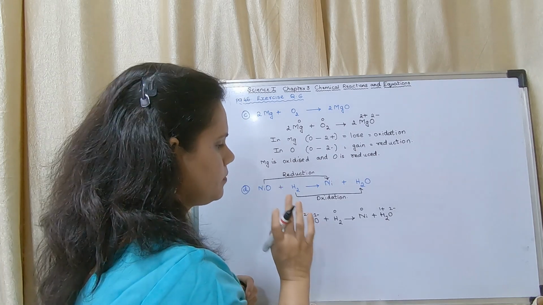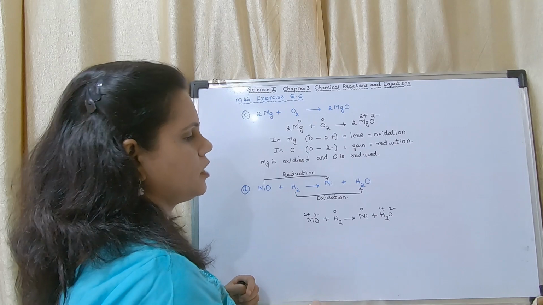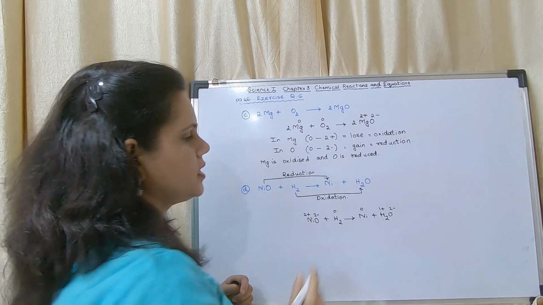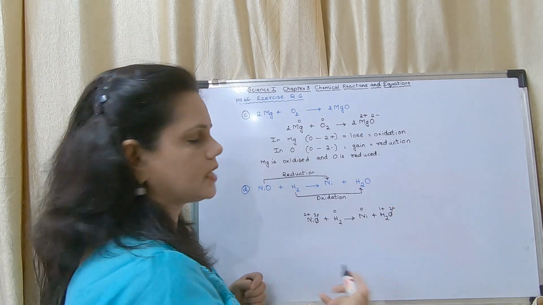So hydrogen goes from 0 to 1 plus. So who is getting oxidized? Hydrogen is getting oxidized. The 2 minus got cancelled.